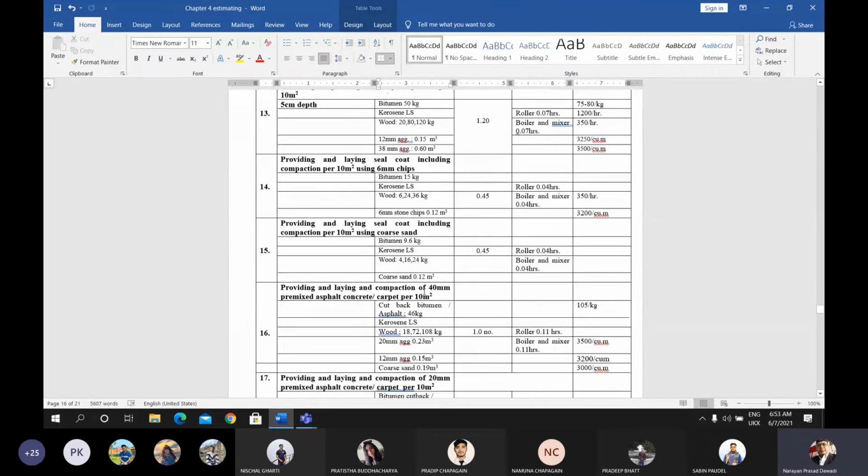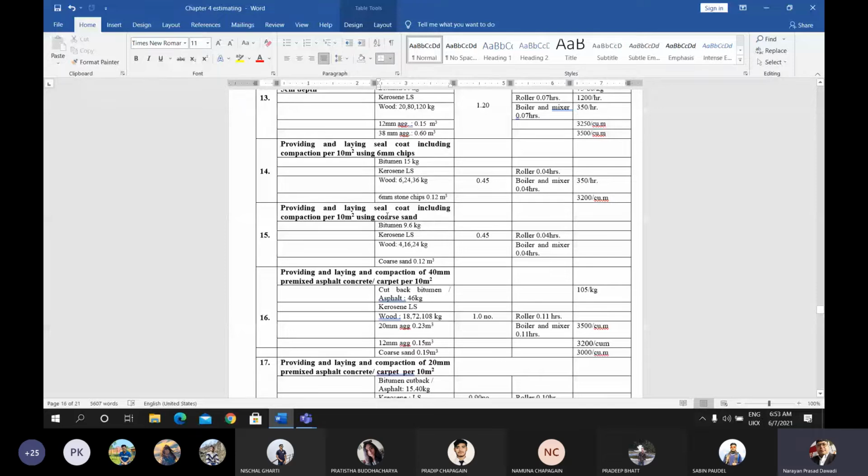For the coarse sand seal coat, you must have bitumen as 9.6 kg, kerosene lump sum, wood 4, 16 and 24 respectively for boiler, open mass and the patchwork, coarse sand as 0.12 meter cube. This is the material required, and the manpower and equipment are the same. Only the bitumen is more for the 6 mm stone chips than the coarse sand, because the bitumen is mixed up with the coarse sand.